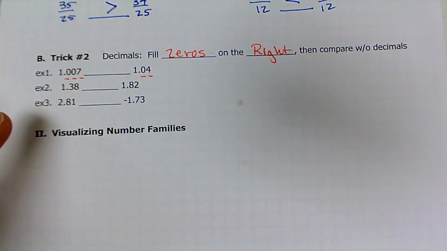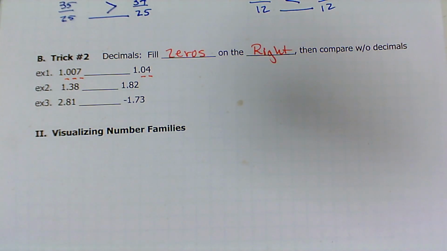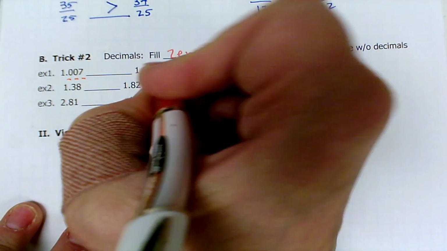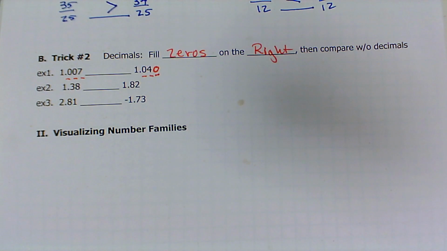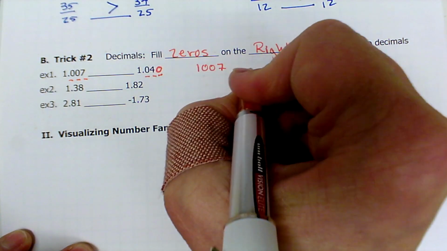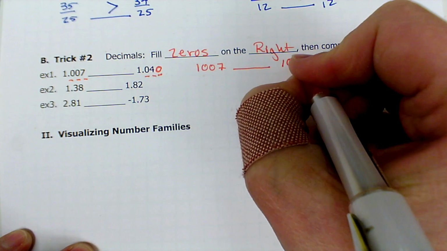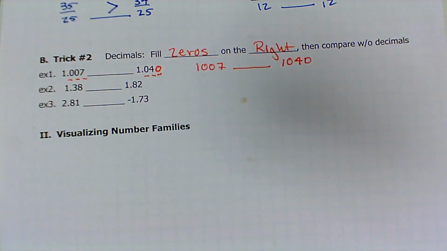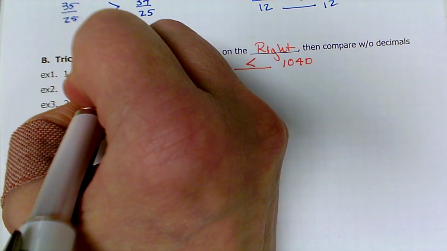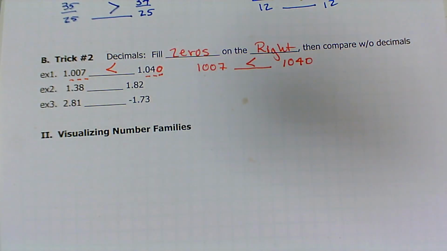We want the decimal places to be the same in both numbers, so I'm going to add a filler 0 to that one, so they both have 3 decimal places. Now we're going to write them without the decimal. So 1007, 1040. Now we have 1007 and 1040. Obviously 1040 is bigger, so the big end goes on the 1040, which means the big end goes on the 1.04.